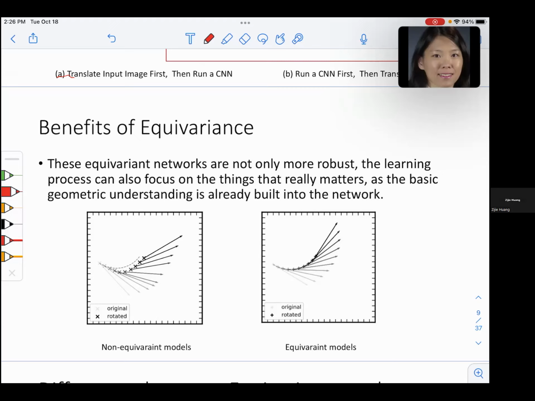However, that adds to the learning burden of the model. A good thing is that recently people have started to use mathematical tools to theoretically guarantee that our model is aware of that, so that during learning, since the model is already guaranteed to obey such equivalence, it can focus on learning the things that matter the most.